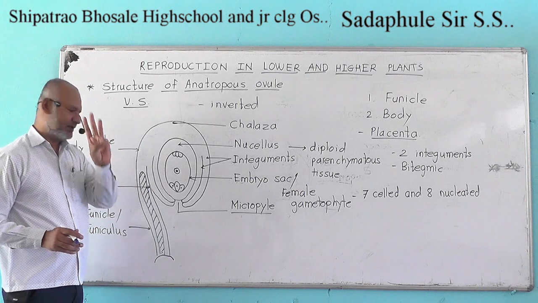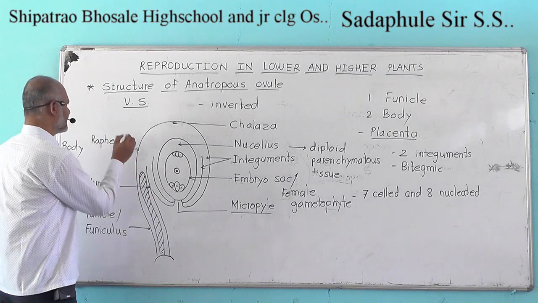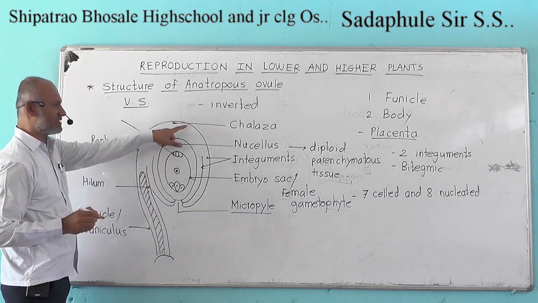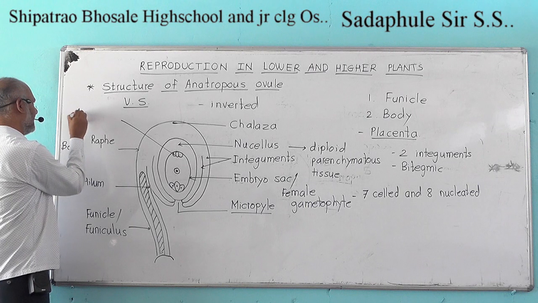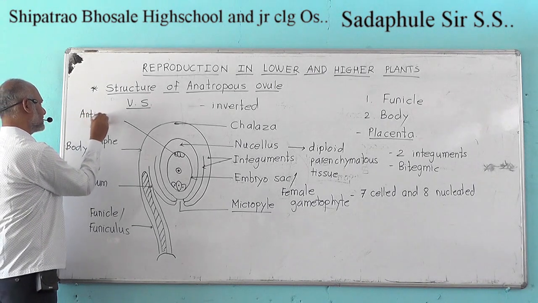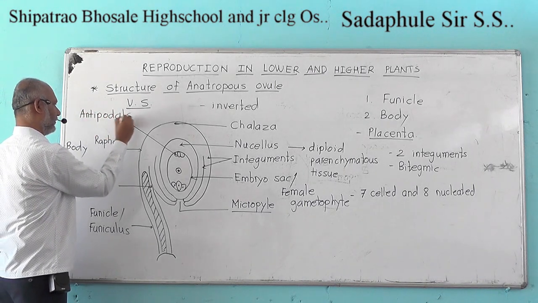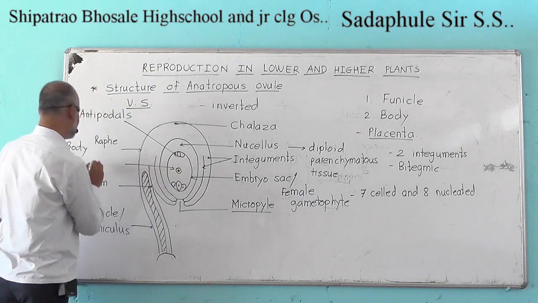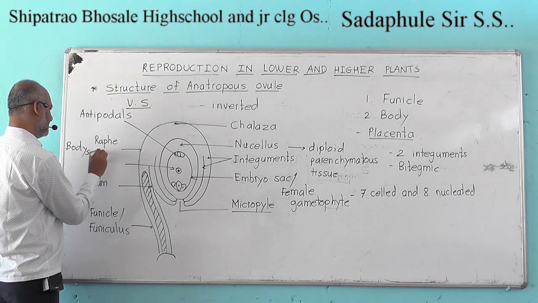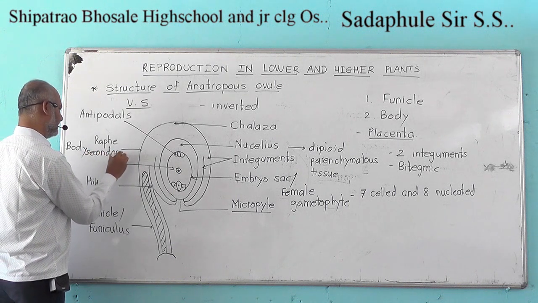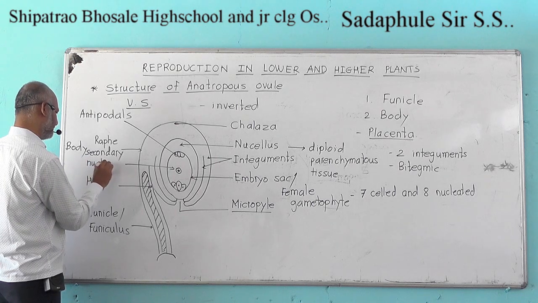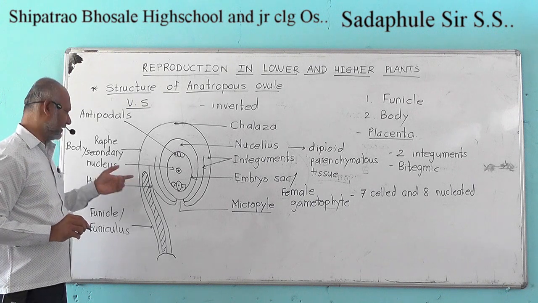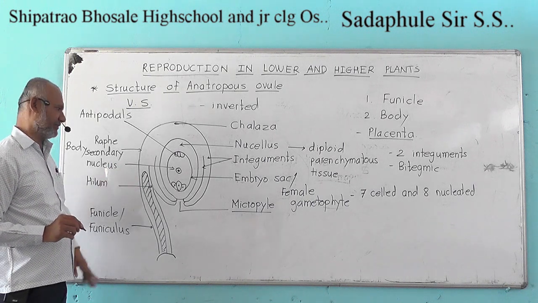It consists of 3 major structures. These 3 cells present towards chalazal end are termed as antipodals. Then the central diploid cell is termed as secondary nucleus, or definitive nucleus.